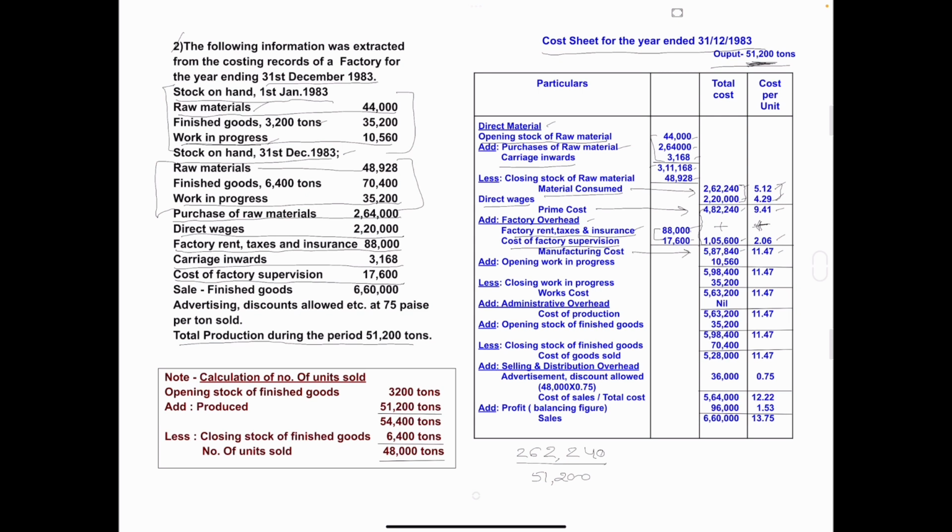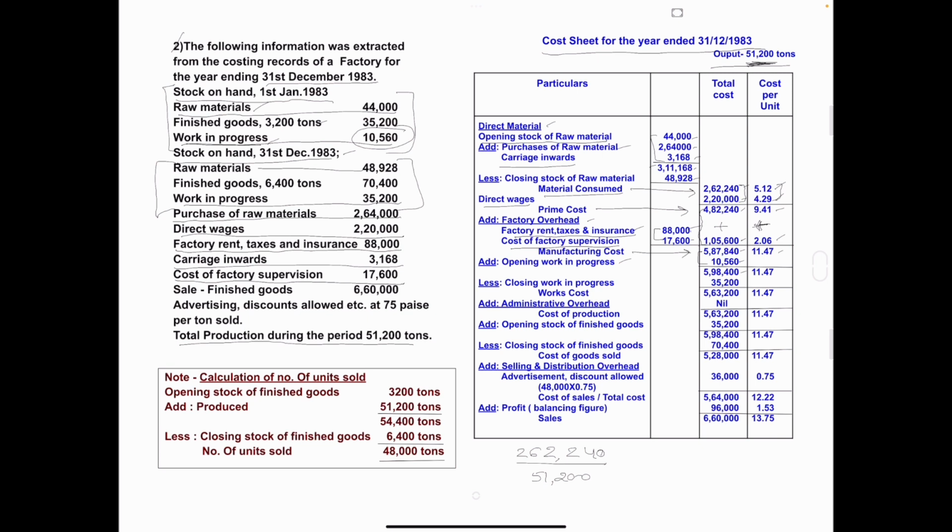So write add opening work in progress amount 10,560, only in the total column. Add these two, 5,87,840 plus 10,560 and the amount is 5,98,400.